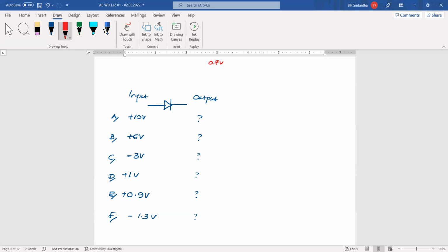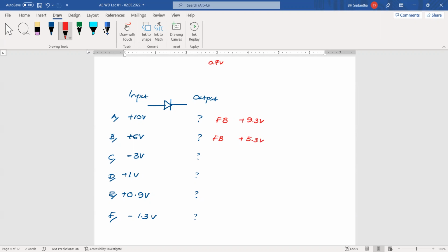Yes, in this situation, that will be forward bias, then 0.7 voltage drop will be there. Then the resultant voltage will be 9.3 volts. Here, the diode will be forward biased. Then we have 0.7 volts drop. Then the output voltage will be 5.3.